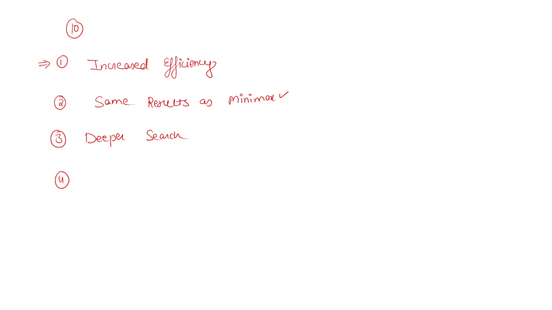Another benefit is reduced computational cost, also known as simply RCC. By pruning, its name implies everything, right? It is alpha beta cutoff.